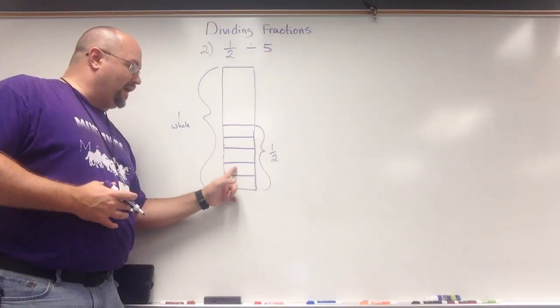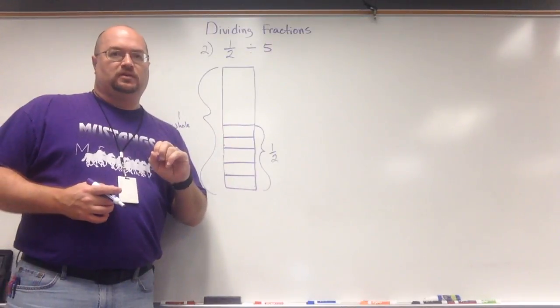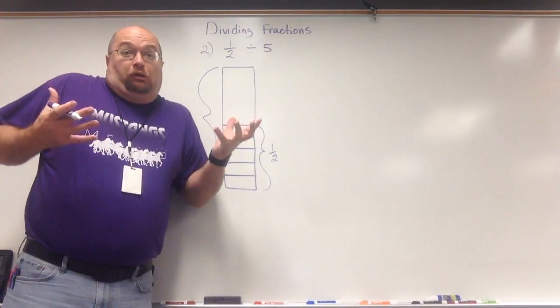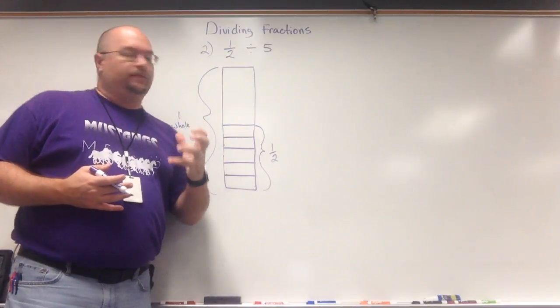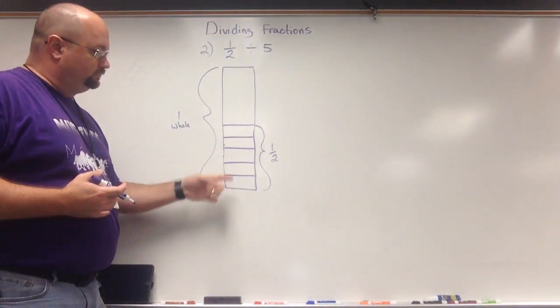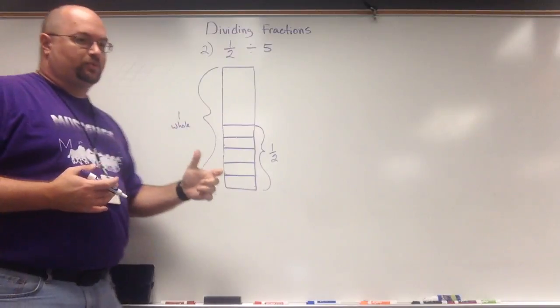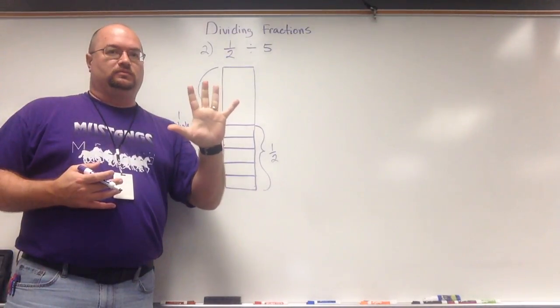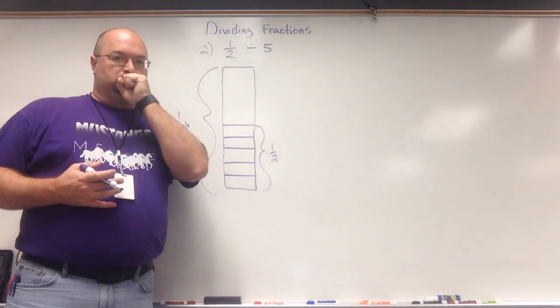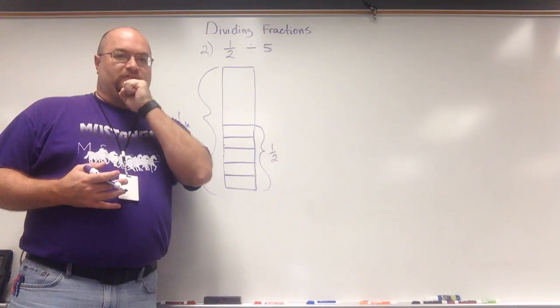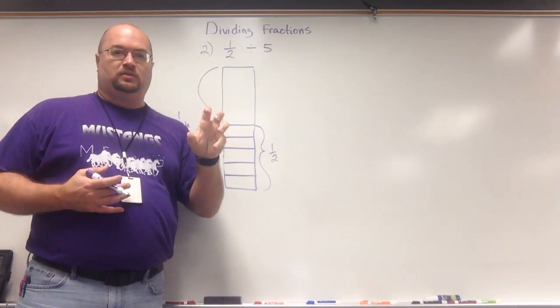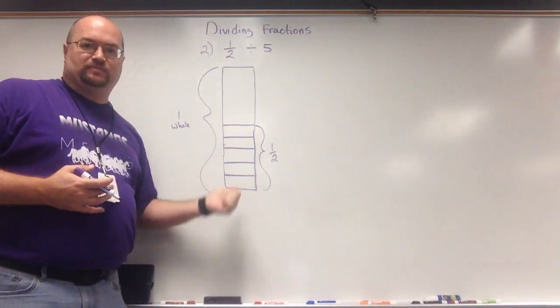So what is the value of each of these pieces? I don't know. Well, let's think about it for a second, okay? We've got 1/2 here, and we've separated that 1/2 into 5 smaller pieces. How are we going to figure this out? Well, let me show you the math, and then we'll come back and see if this makes sense.